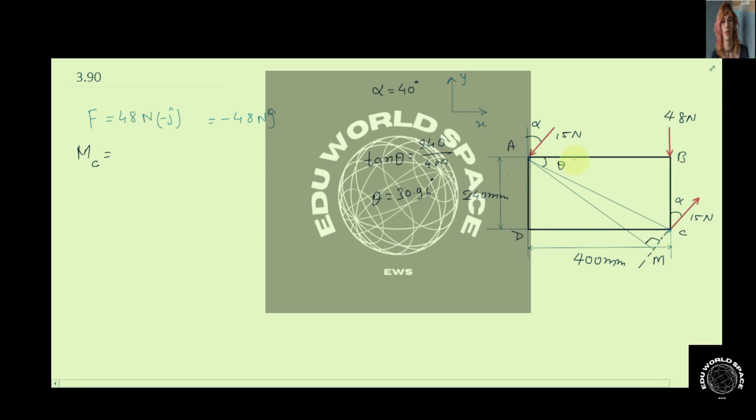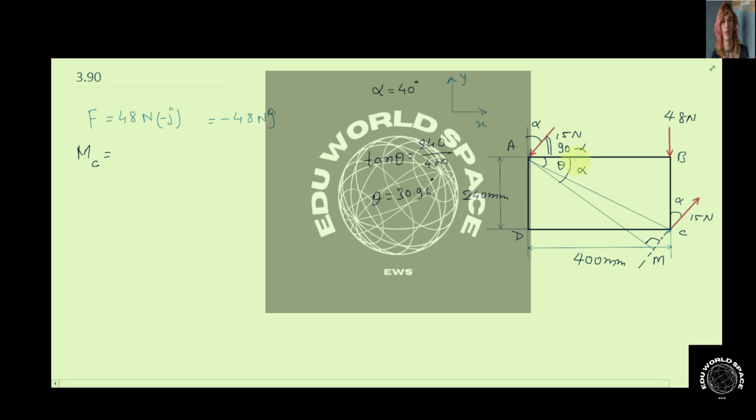This angle is alpha and this angle is 90 degrees, so this angle will be 90 minus alpha. Now this force and the line AM that I have just drawn are perpendicular to each other. Now this angle is already 90 minus alpha, so this entire angle will be alpha.